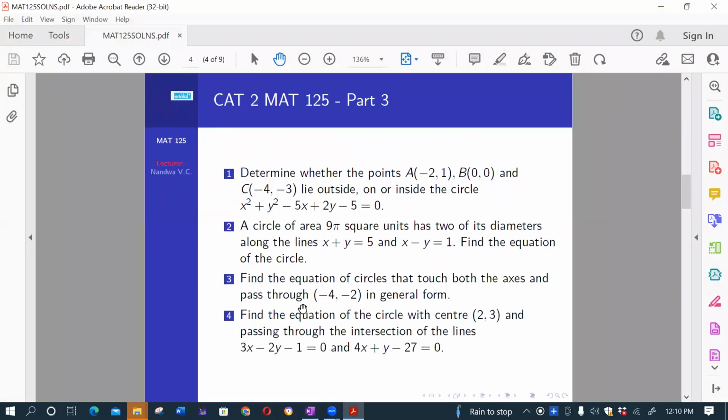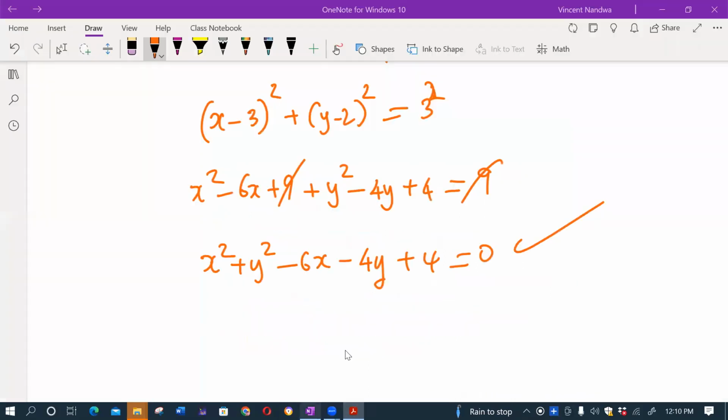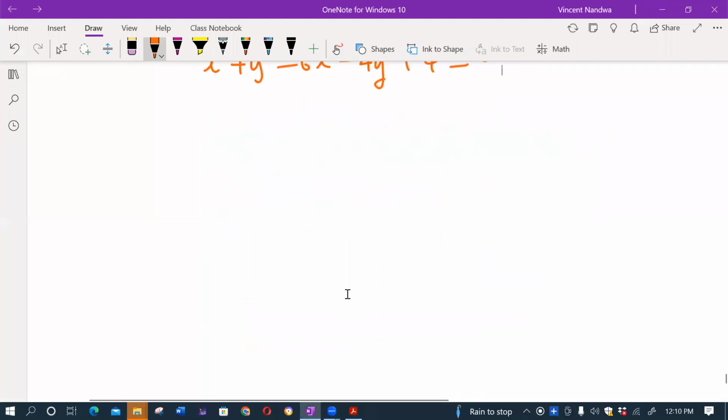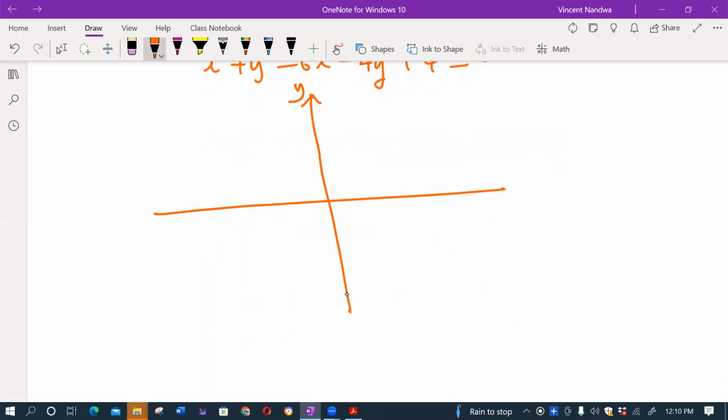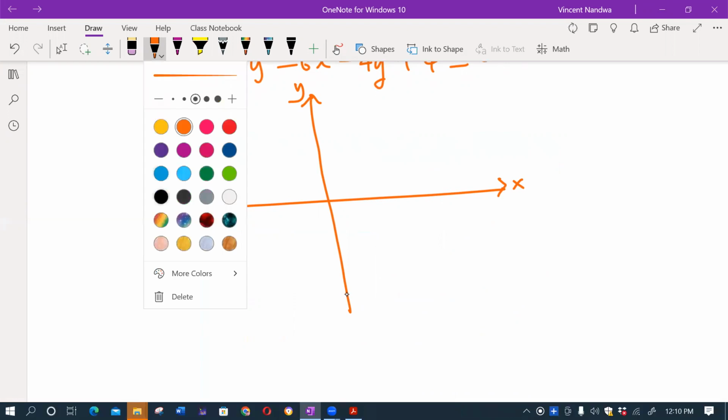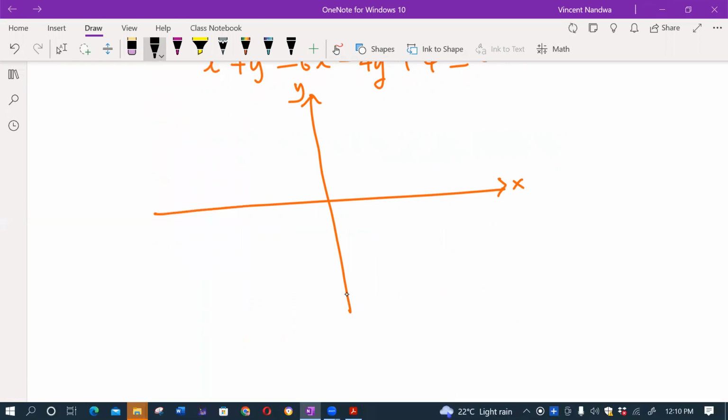Then find the equation of the circles that touch both axes and pass through the point minus 4, minus 2, in general form. So we can sketch. If this is the y-axis and this is the x-axis, the point minus 4, minus 2 is in this quadrant.